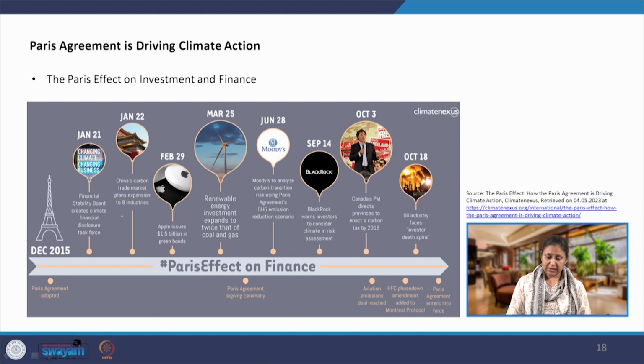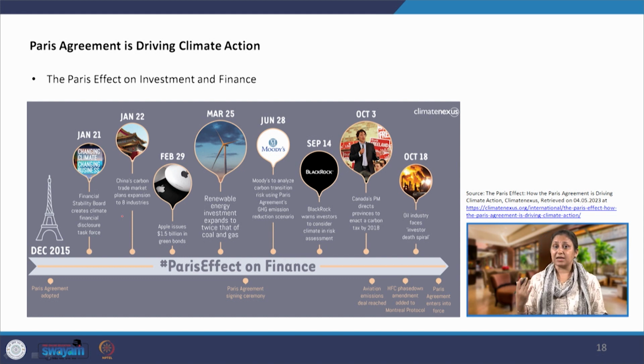If we look at investment and finance, we clearly see that the carbon trade is expanding. There are industries, there are emitters who are reducing their greenhouse gas emissions, and they are taking the savings to the international market and trading them to make economic sense of this entire activity.